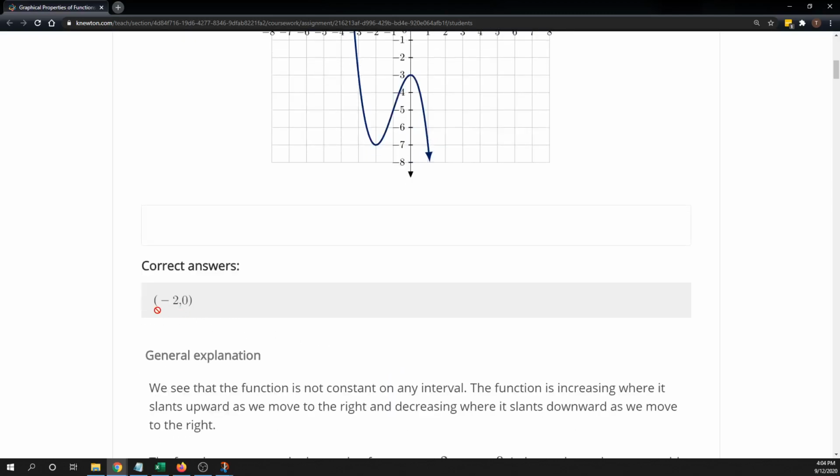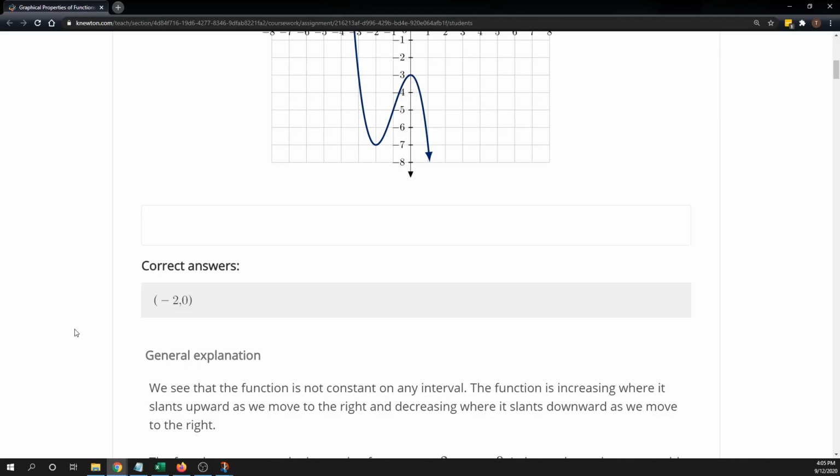If you'll notice on the answer that they have, they use parentheses instead of brackets. So you might have been wondering, hey, why did you use brackets? I'm normally used to using brackets. You use some brackets in your other answers as well. Honestly, on this, it kind of depends on what book you're using, how they exactly define increasing or decreasing.